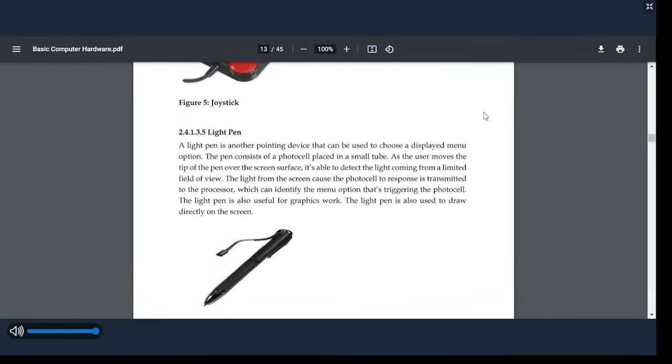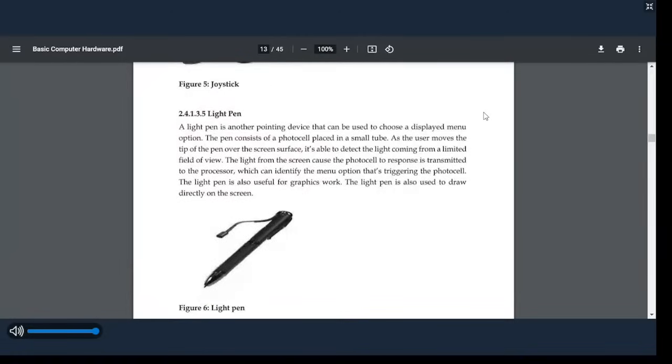The photocell's response is transmitted to the processor, which can identify the menu option that is triggering the photocell. The light pen is also useful for graphic work. The light pen is also used to draw directly on the screen.